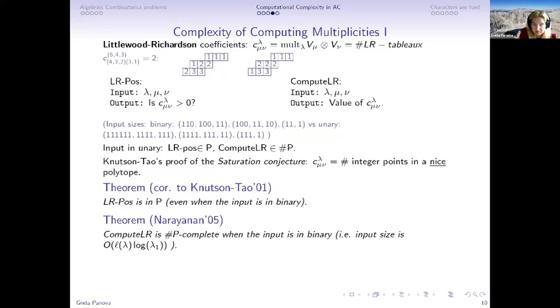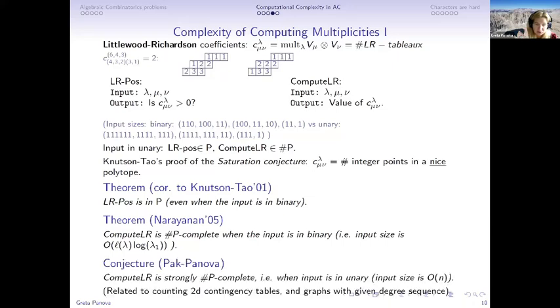And we know that computing them is Sharp P-complete if the input is in binary. We actually don't know where exactly that stands if the input is in unary. When the input is in unary, the input size is larger compared to your actual input, and in that case you have more freedom, polynomial time actually takes you farther away.